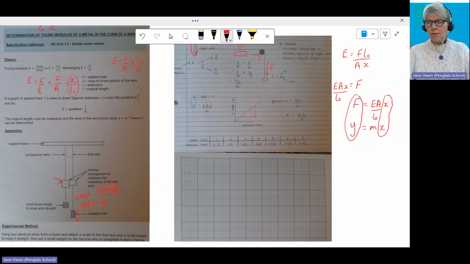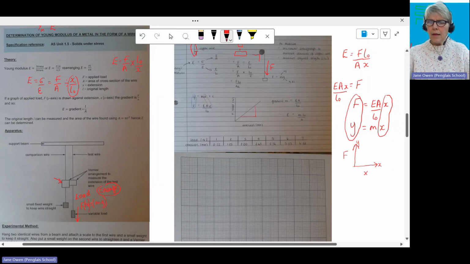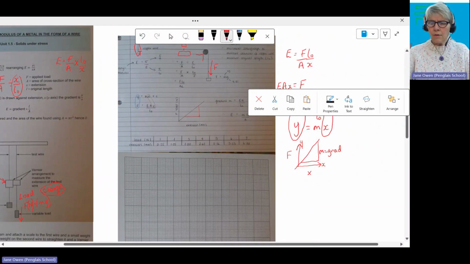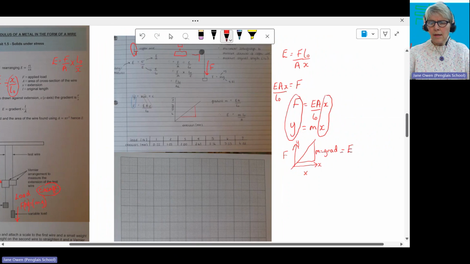And that tells me that if I plot the force against the extension x, on the y against x graph, then the gradient, little m, is going to be equal to the Young's modulus, E, times the cross-sectional area, A, divided by the original length.